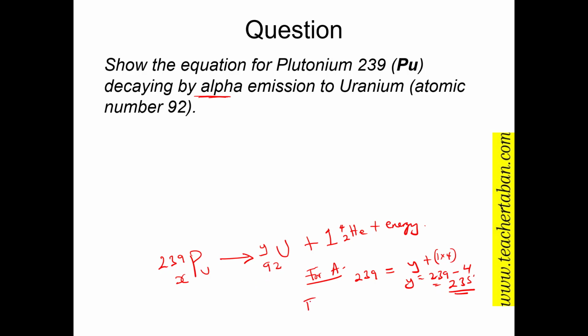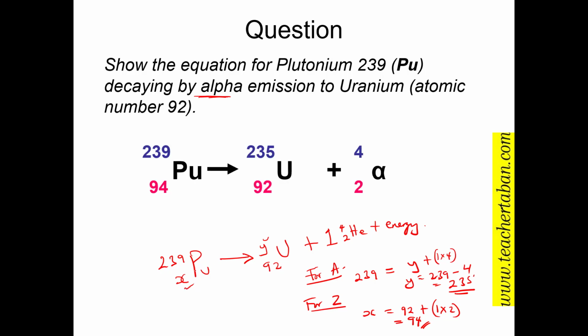For the atomic number Z, our x on the left-hand side is equal to 92 plus 1 times 2, and this will give us x equals 92 plus 2, which gives us 94. So you write another equation whereby you replace these values of x and y, and our equation looks like that. You always add on the word energy, plus energy.